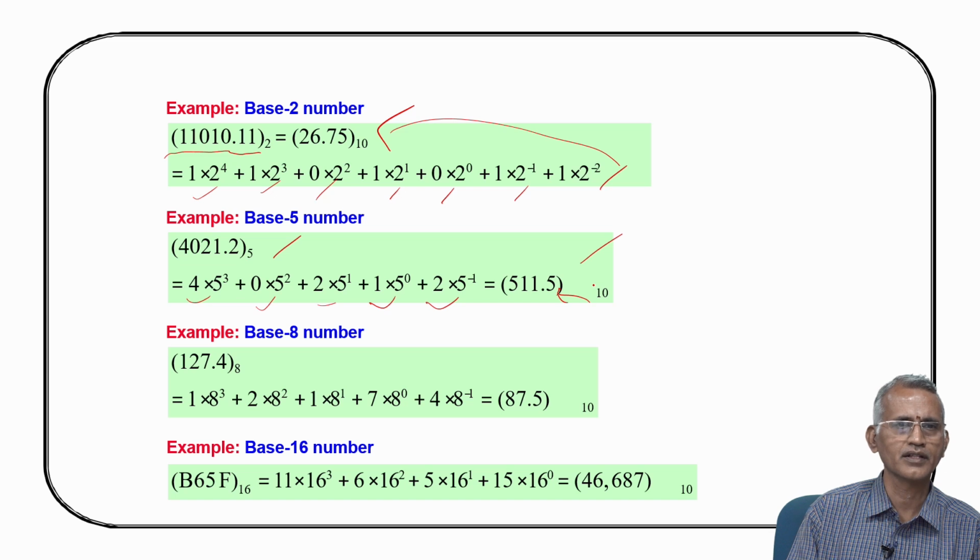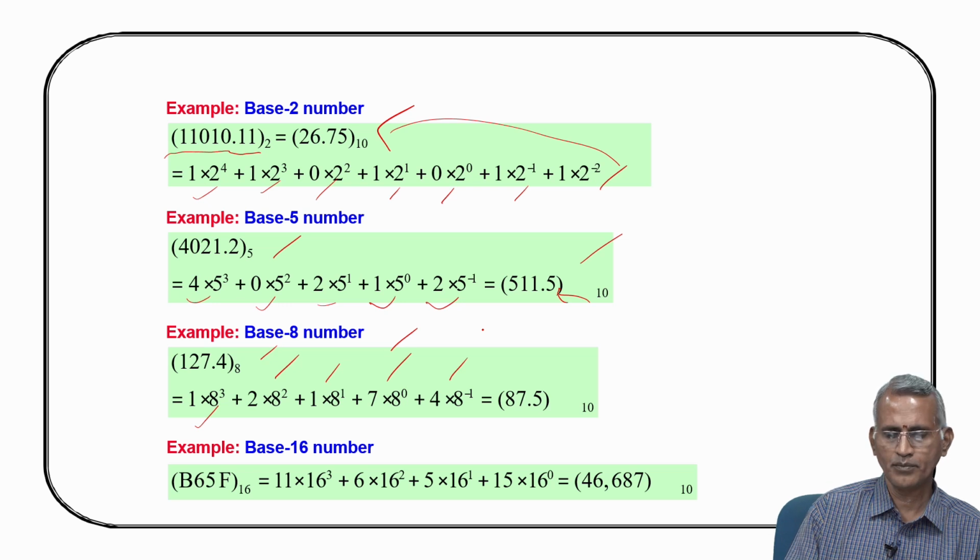This way we can represent this number in base 5. Similarly, for base 8, 127.4 base 8 can be written as 1 into 8 cube plus 2 into 8 square plus 1 into 8 plus 7 into 8 power 0 plus 4 into 8 power minus 1, and we have 87.5 under base 10.